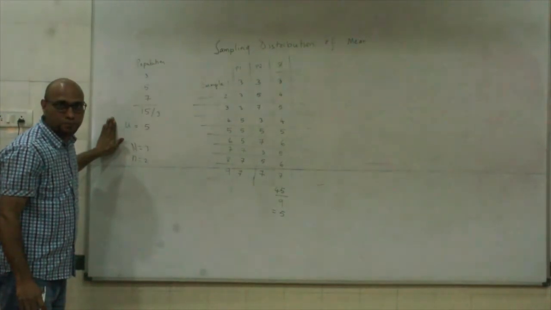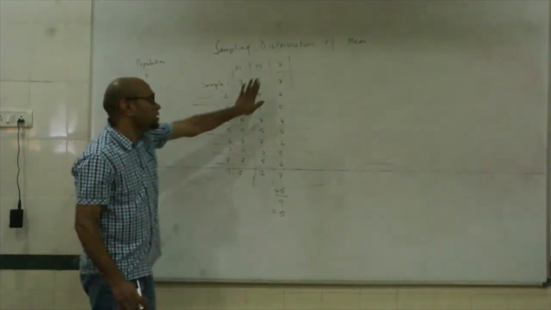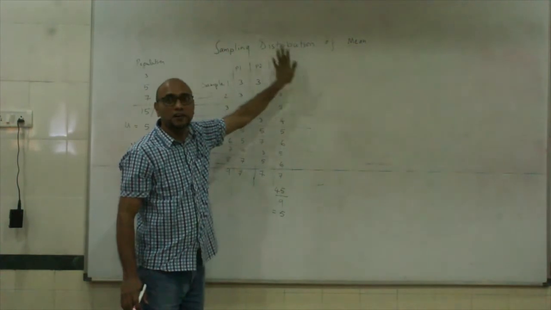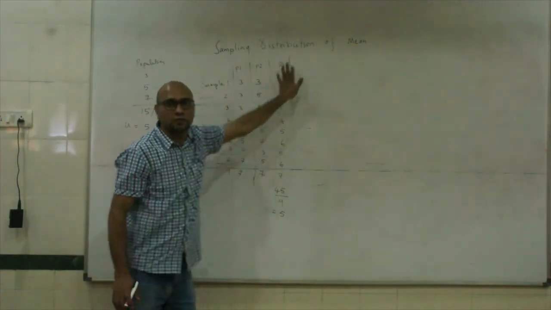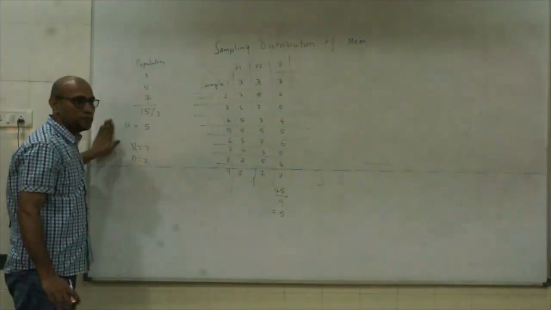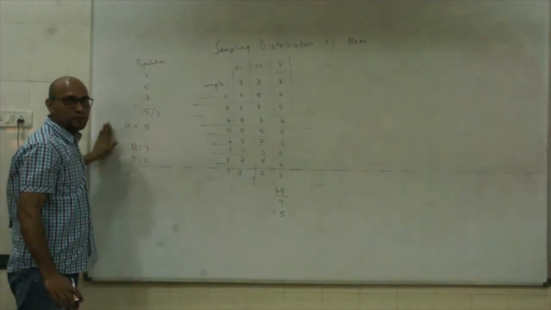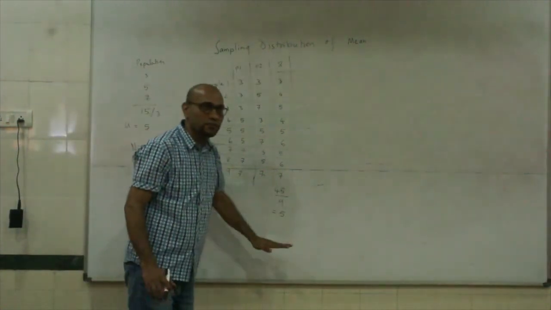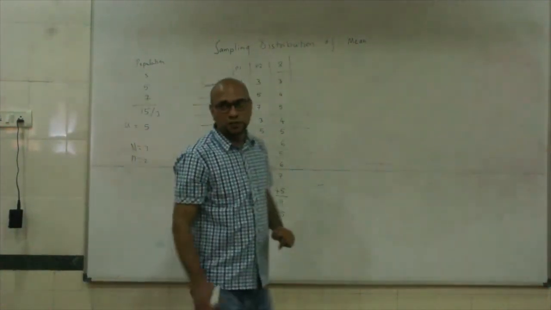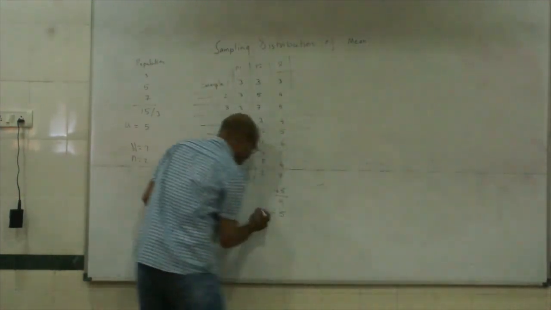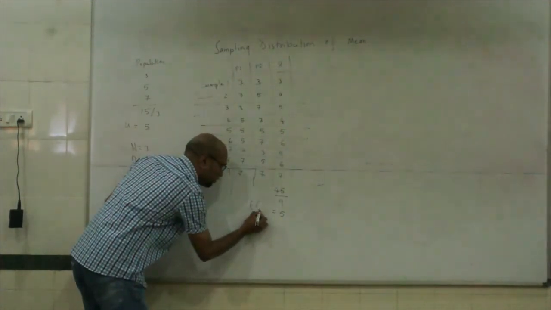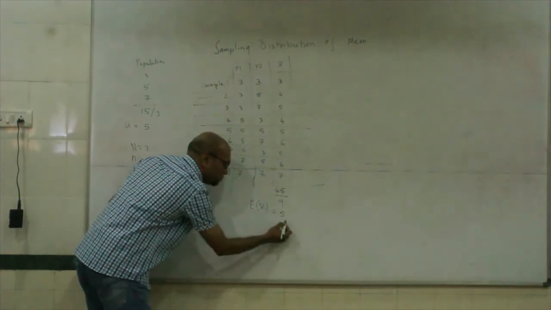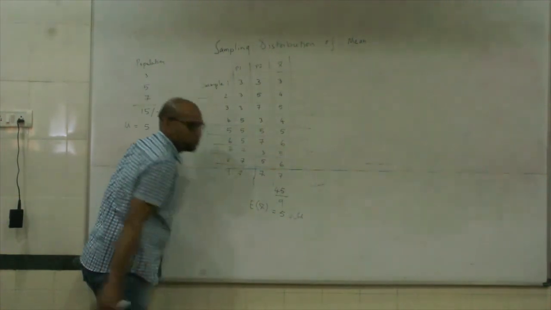Okay? My sample mean is an unbiased estimator of a population mean. That is, the mean of all means is the population mean. So this is actually the expectation of x bar is equal to 5 is equal to mu. Right?